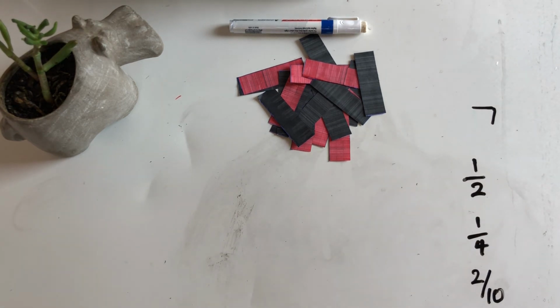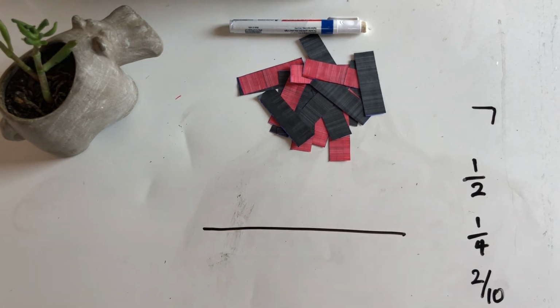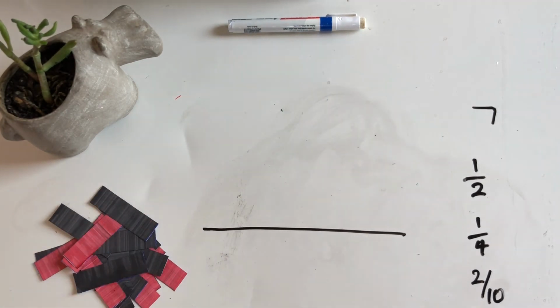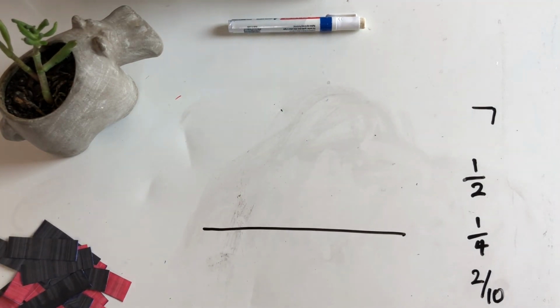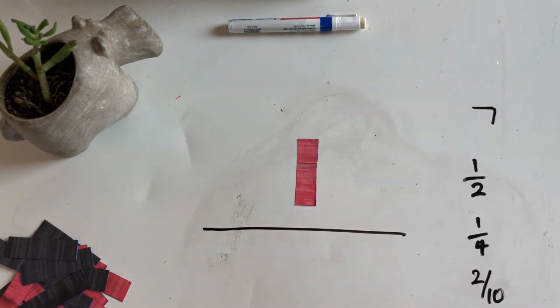Okay? So let's look at the first one. What do we need for the numerator? So let's just have our line there. The numerator here says 1. So let's have 1.